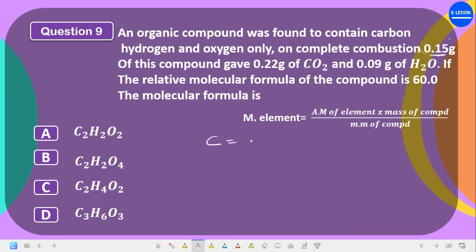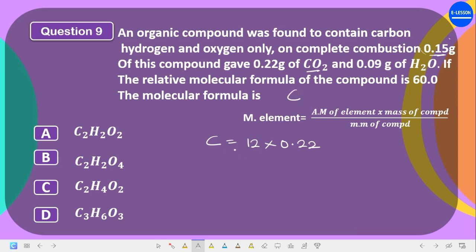That of carbon is what? The atomic mass of carbon in CO2 is 12, which we've established before, times the mass of the compound. Mass of compound given is 0.22. That is the mass of CO2 given, because it is in CO2 that you will find carbon.